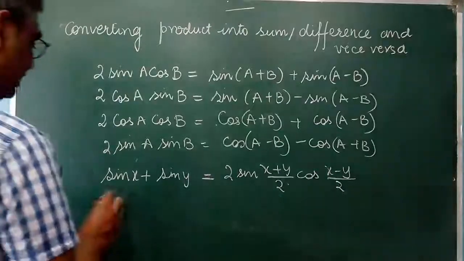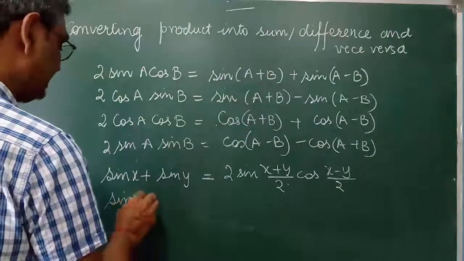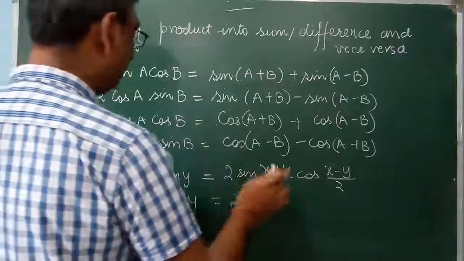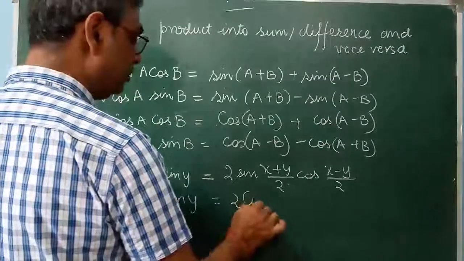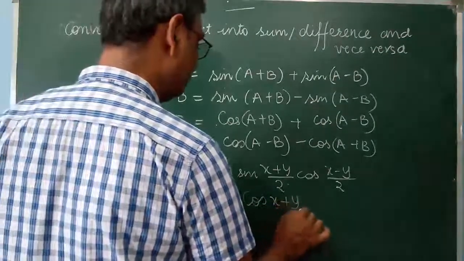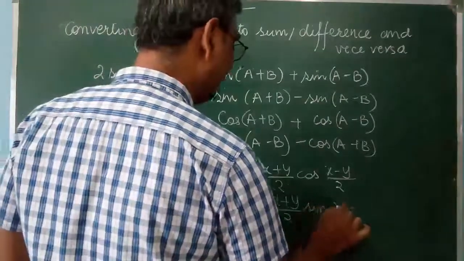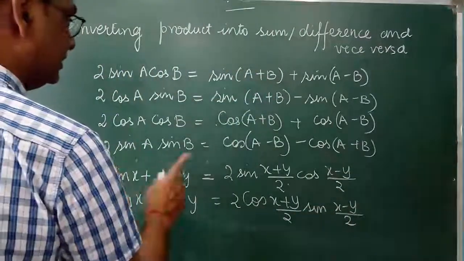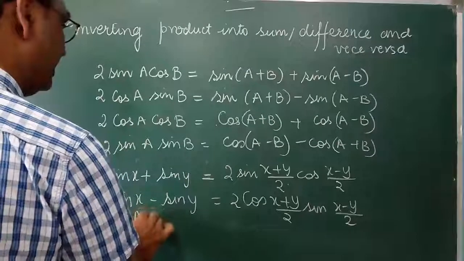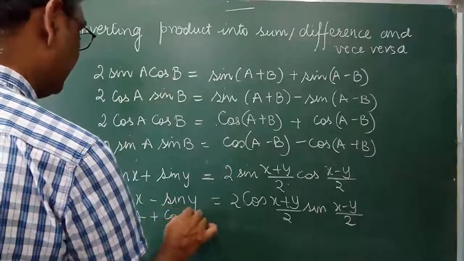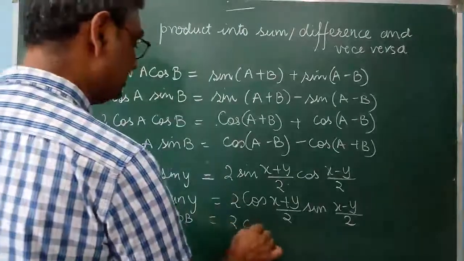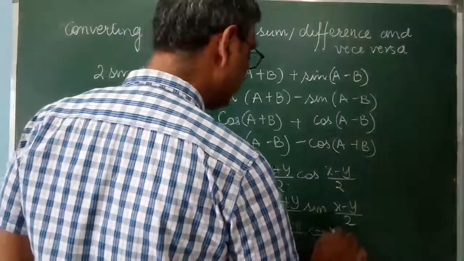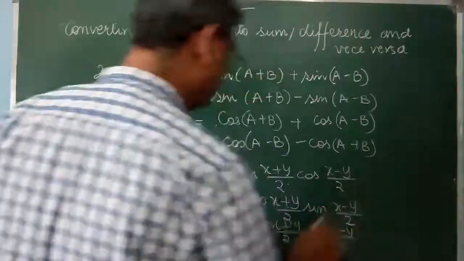Now the second formula is sin x minus sin y. Now here it will be 2, and here again this will change. So 2 cos x plus y by 2 into sin x minus y by 2. Now the third one is cos x plus cos y is equal to 2 cos x plus y by 2 into cos x minus y by 2.